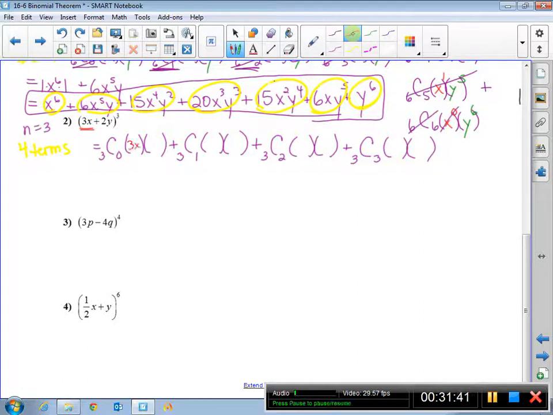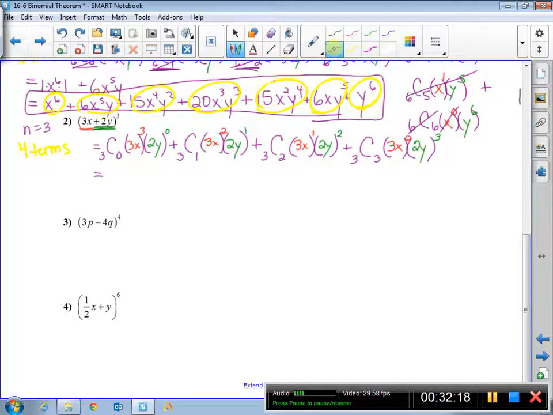Ooh, 3x. And our exponents are going to go 3, 2, 1, 0. And in the second slot, I have positive 2y, and I'm going to have my exponents increasing: 0, 1, 2, 3.